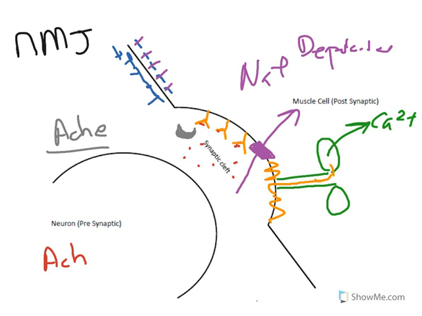It will break down acetylcholine from the nicotinic acetylcholine receptors, and now that they are clean, we no longer have acetylcholine bound. That automatically closes my ligand-gated sodium channels. So I no longer have chemically gated or ligand-gated ion channels open. No more sodium is coming in.